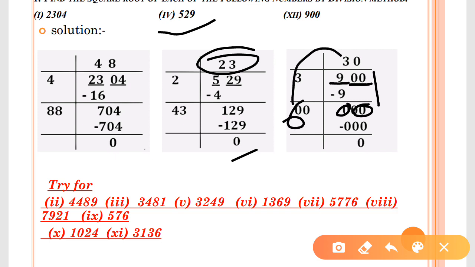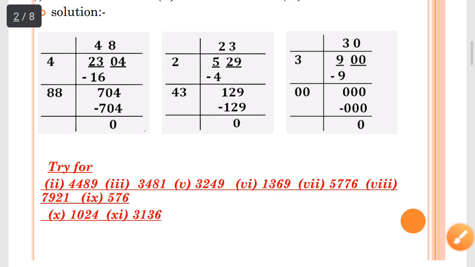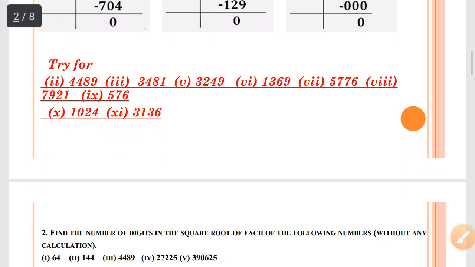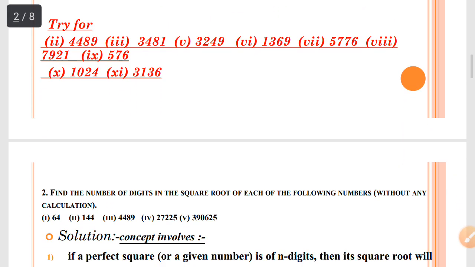It becomes 6, 3 2s are 6. Now since we want 0 here, we will multiply by 0. So 60 into 0 is 0. So on subtracting, we got 0. So here 30 will be the square root of the given number. Similarly you can try this question.